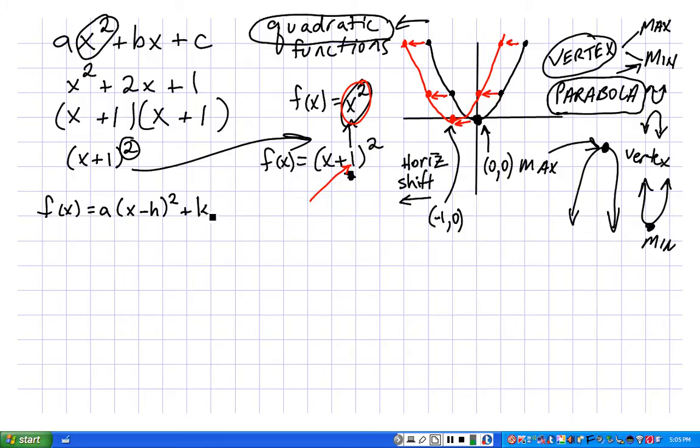Okay, so now this is going to be what we call our standard form, our standard form for a quadratic function. That's what this is. Alright, so now basically if we took what we have here, then it would look like this.